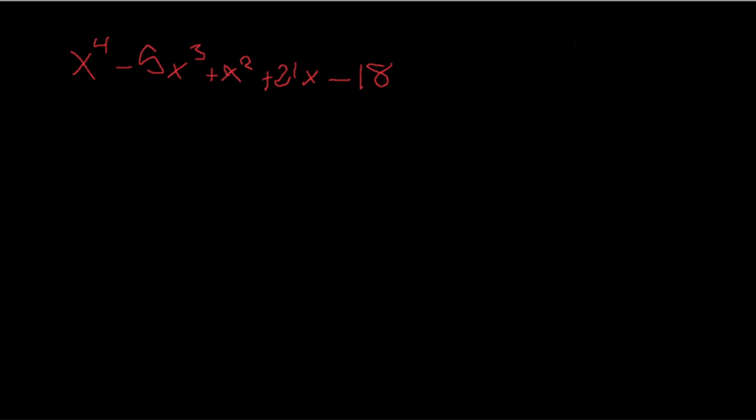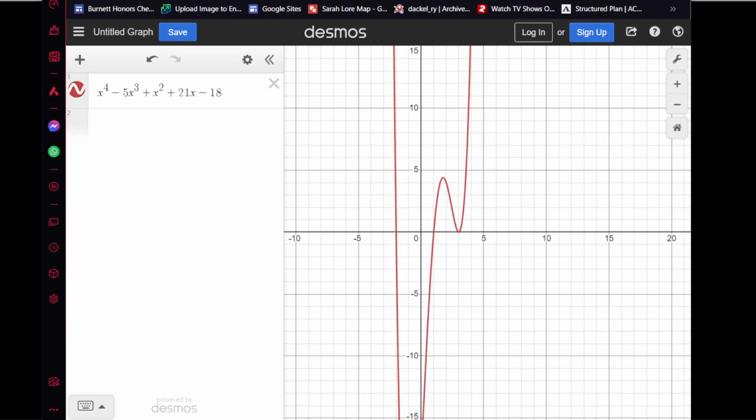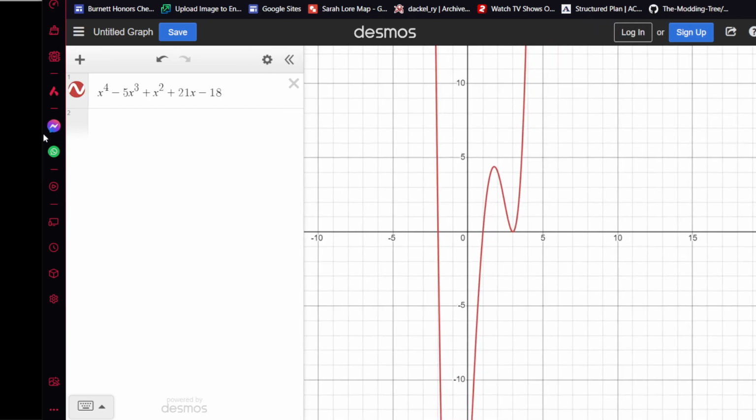What we do first is we put this into a graphing calculator and see if we can find any decent zeros.